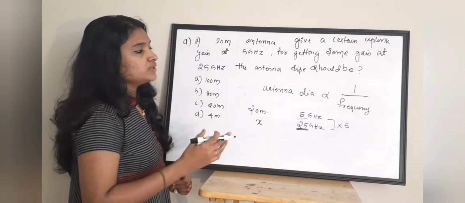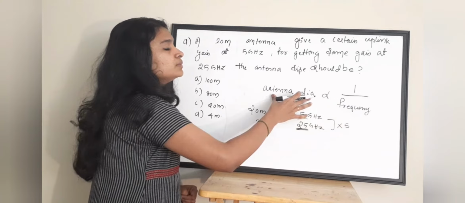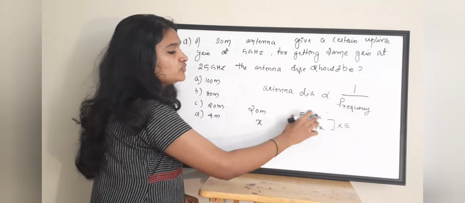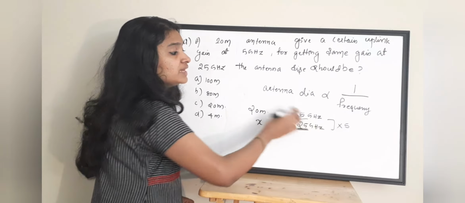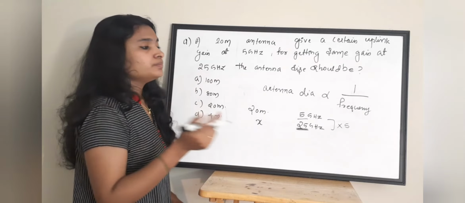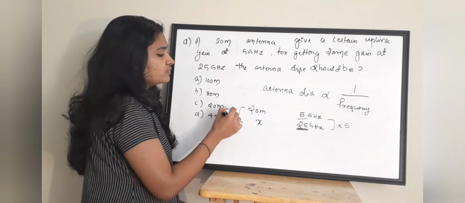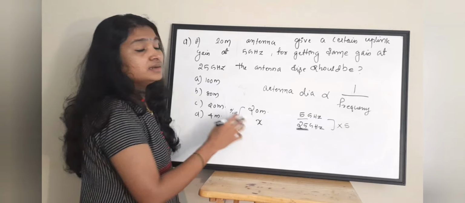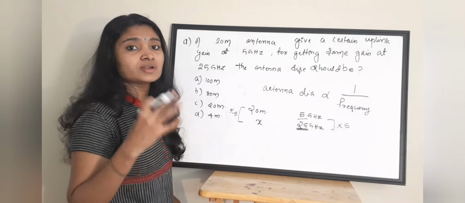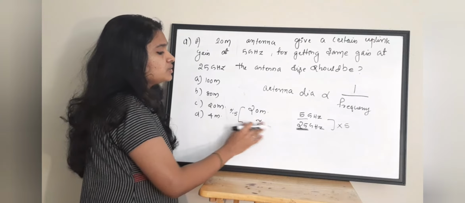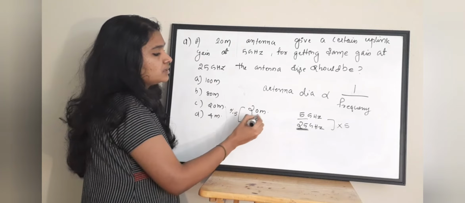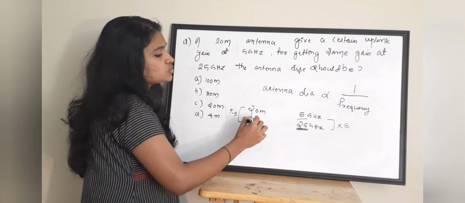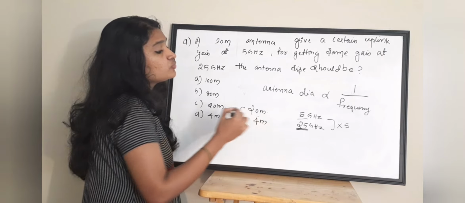We know that antenna diameter and frequency have an inverse relationship. So if the frequency is increased by 5, the diameter should be divided by 5. Here it will be 20 by 5, which is 4. So the answer for this question will be 4 meter.